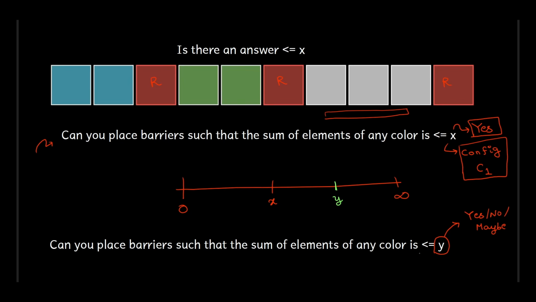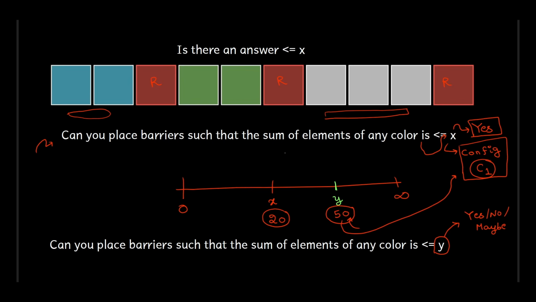So let's consider x as, say, 20 and y as 50. If the answer to this problem is yes, that means you have a configuration where the sum of elements of each color is less than or equal to 20. Then if I ask you another question, can you give me a configuration where the sum of elements of each color is less than or equal to 50? The answer will definitely be yes. Why? Because you can just reuse the configuration C1.